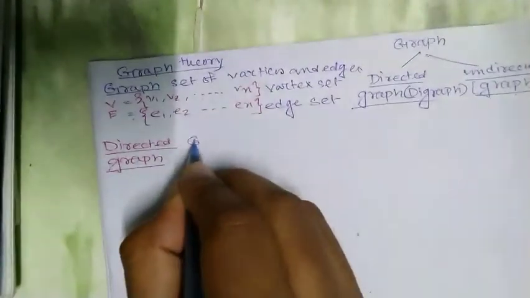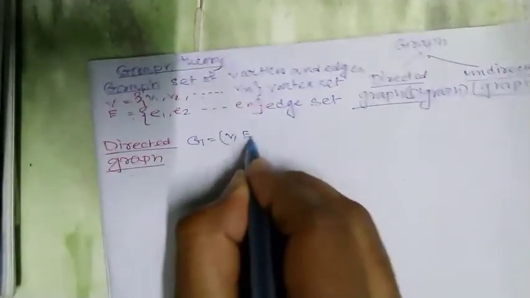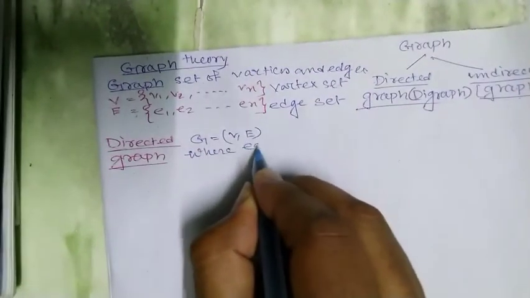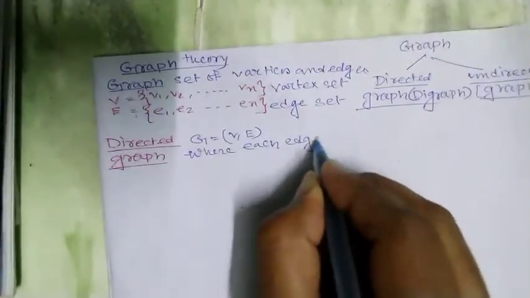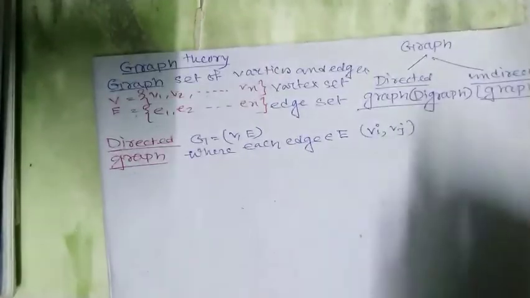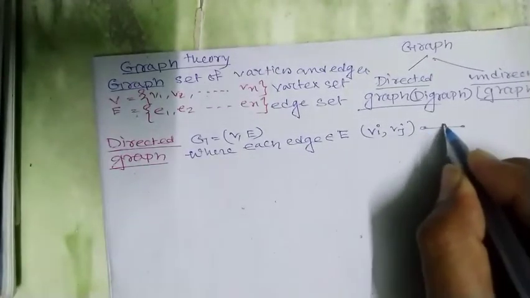A graph G is a set of vertices and edges where each edge that belongs to the edge set E, going from Vi to Vj, is directed.